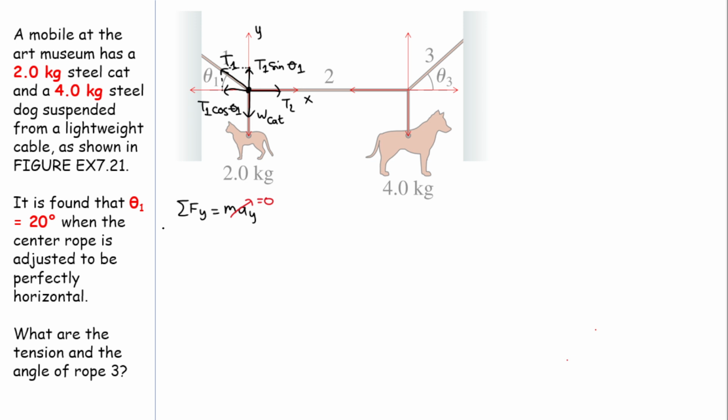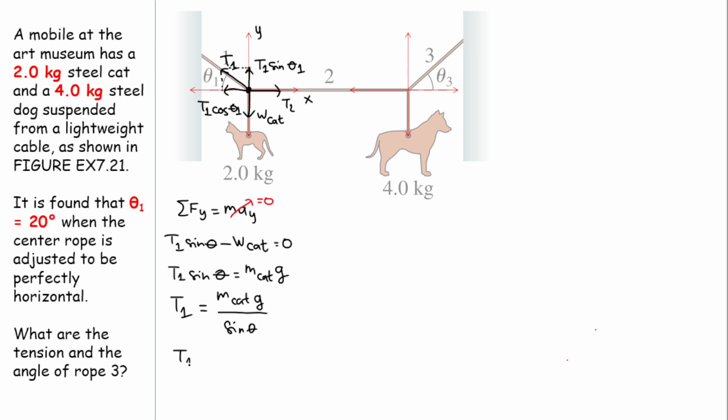So I will have T1 sine of theta 1 minus the weight of the cat, and that will equal 0. So T1 sine of theta will equal the weight of the cat, that will be the mass of the cat multiplied by g. And then for T1, I can simply isolate that: mass of the cat multiplied by g divided by sine of theta.